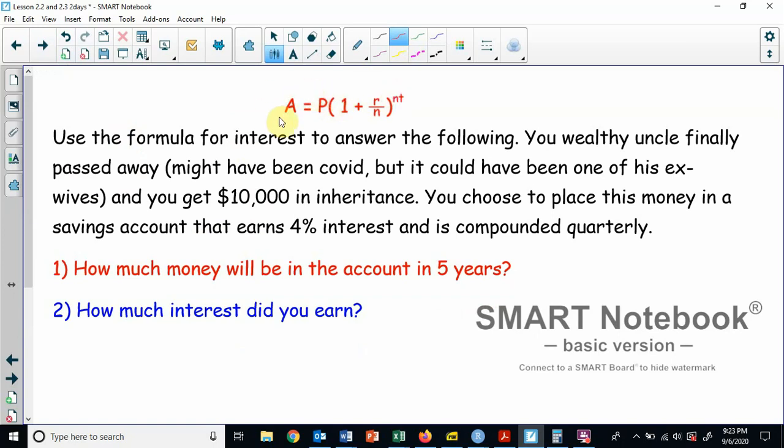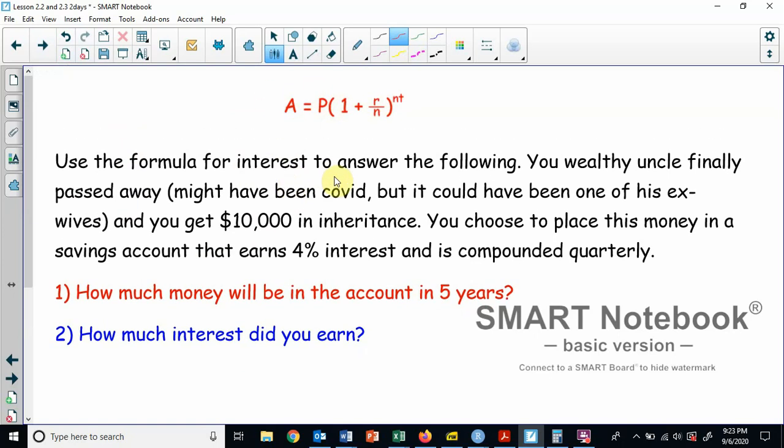Okay? Now we do need to talk about what these things are. Let's grab a different color. A is your amount that you have after the interest. P stands for the principal. I don't know what the spelling of this one is. It might be like that. It may be spelled the other way. R stands for your rate.